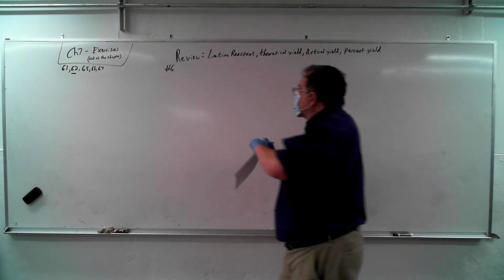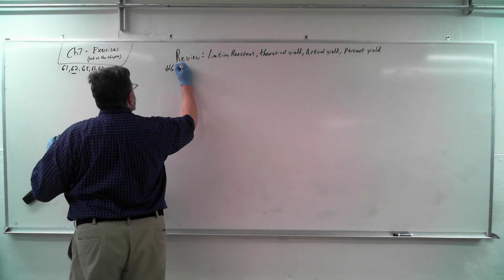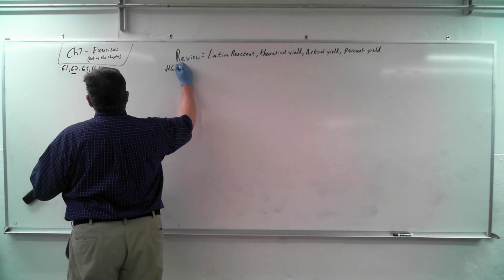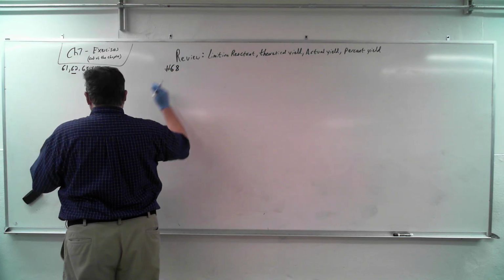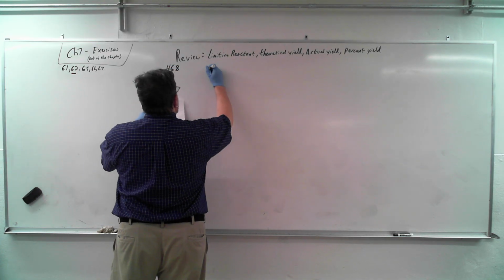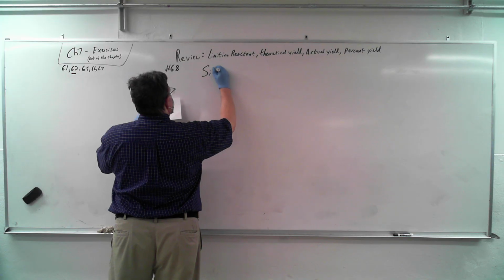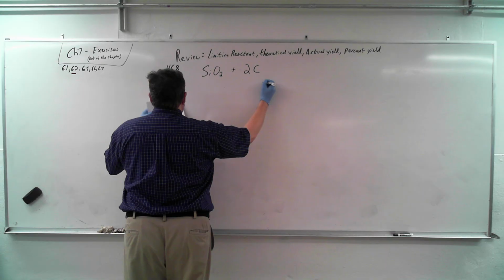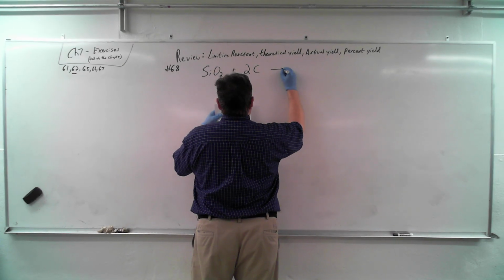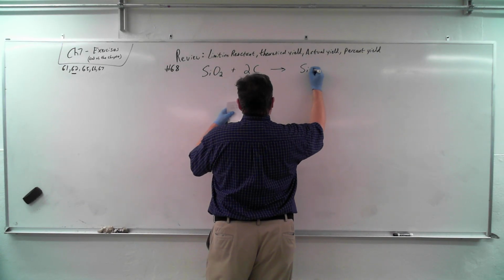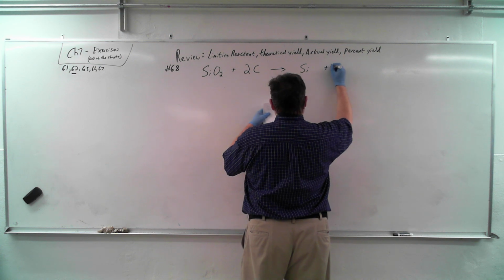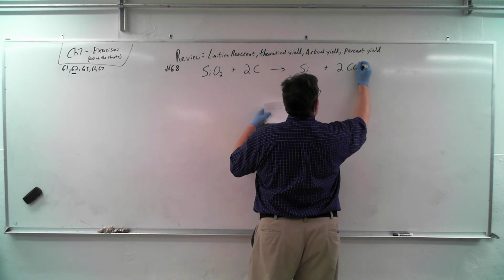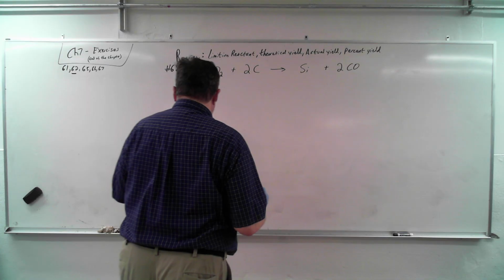All right, this is 68. The silicon dioxide plus 2 carbons gives pure silicon, 2CO.